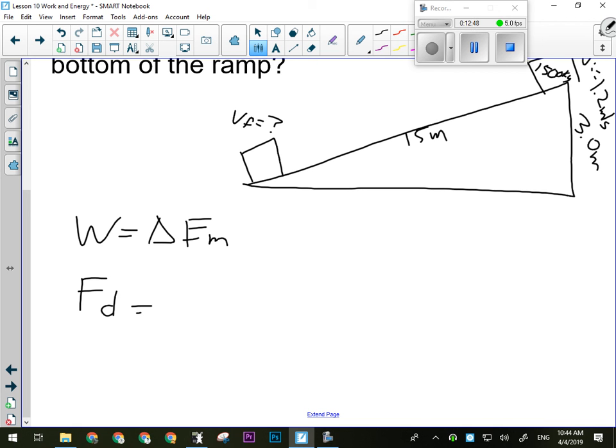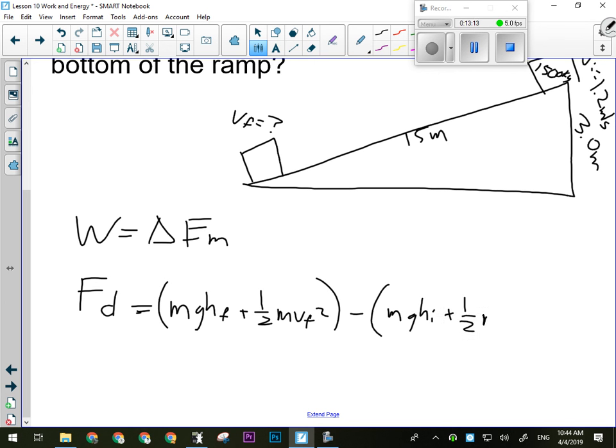A change in mechanical energy means taking my final mechanical energy, which is m times g times h final plus 1/2 m v final squared, potential plus kinetic, everybody with me on that, at the bottom of the ramp, and subtracting the energy at the top of the ramp. That would be m times g times h initial plus 1/2 m v initial squared. I'm looking for how fast it's going to go at the bottom of the ramp.